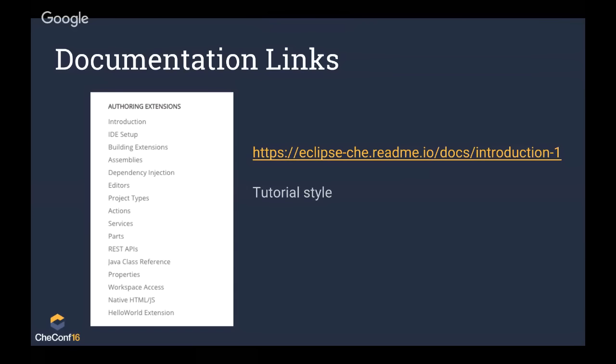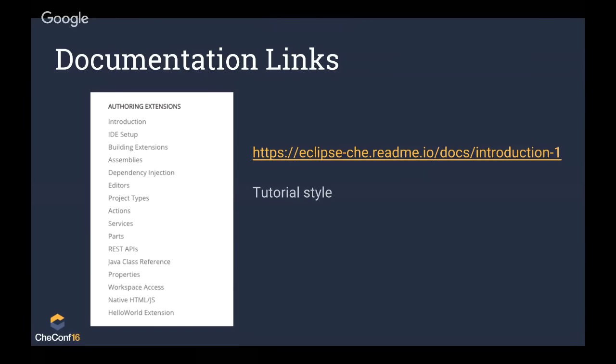And then you have all sorts of tutorial style documentation about creating custom editors, adding a custom project type, registering some actions, services that are running both on the Che server or inside of the workspace, and how to extend the UI as well.